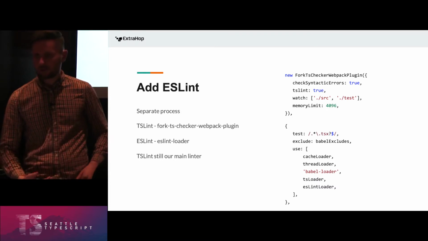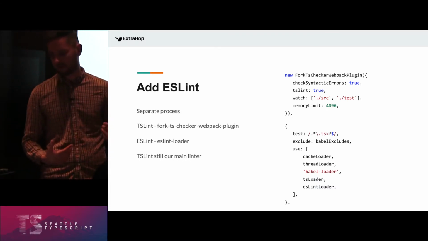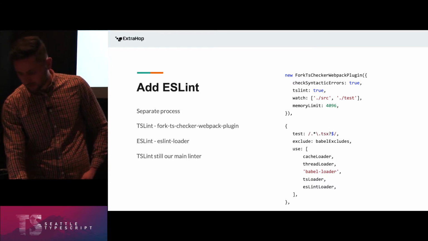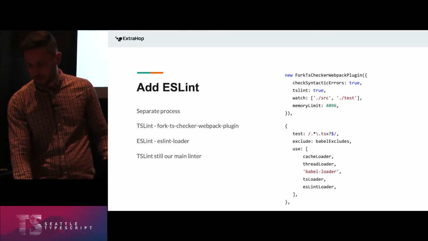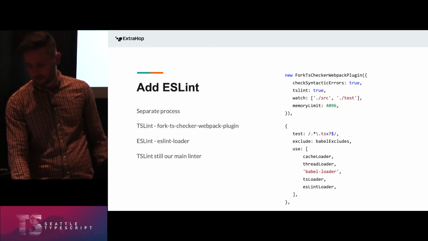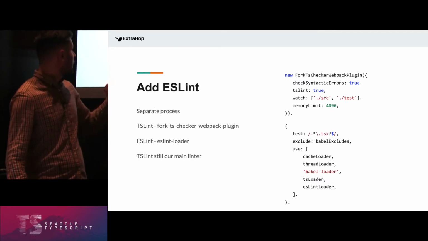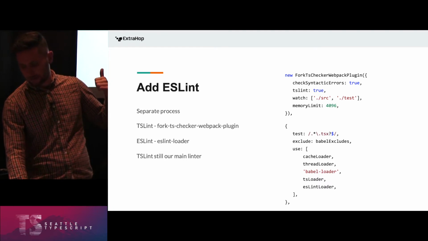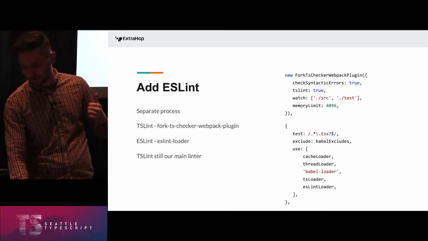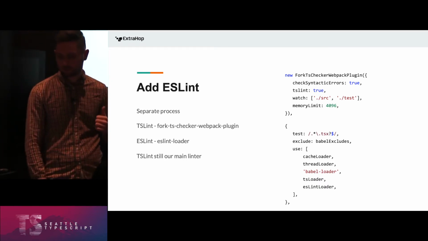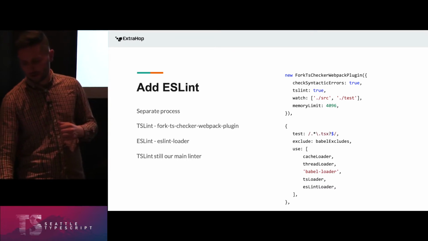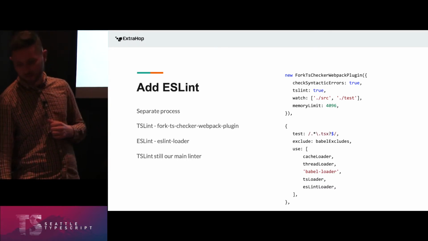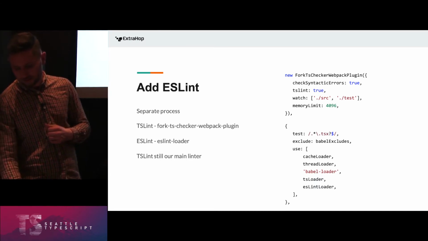And then for ESLint, I saw that you can use ESLint loader. So TSLint still remained our main linter. So basically, from a chunk of our webpack, fork TS checker webpack plugin was still using TSLint, but then we added, in the list of our loaders for TypeScript files, this extra one, ESLint loader.